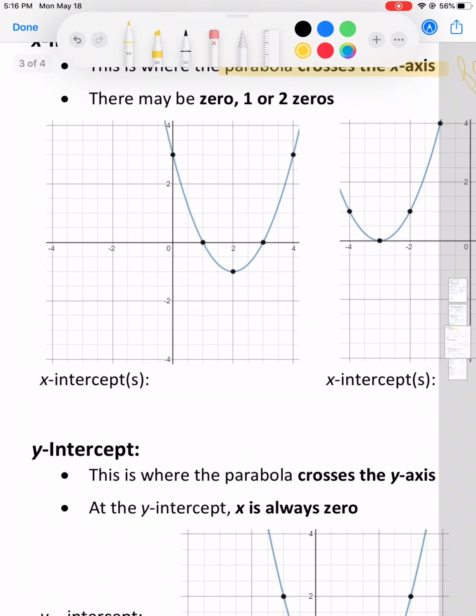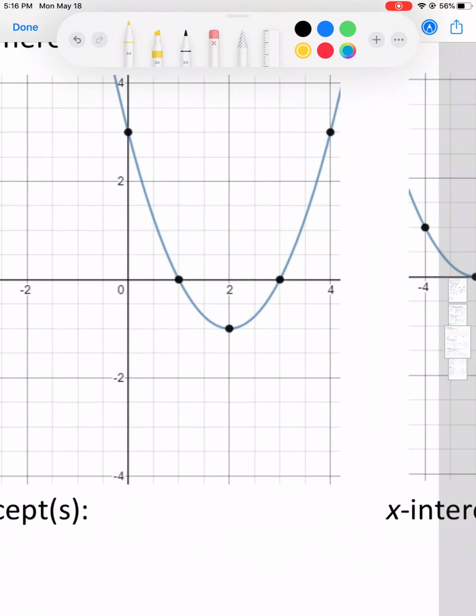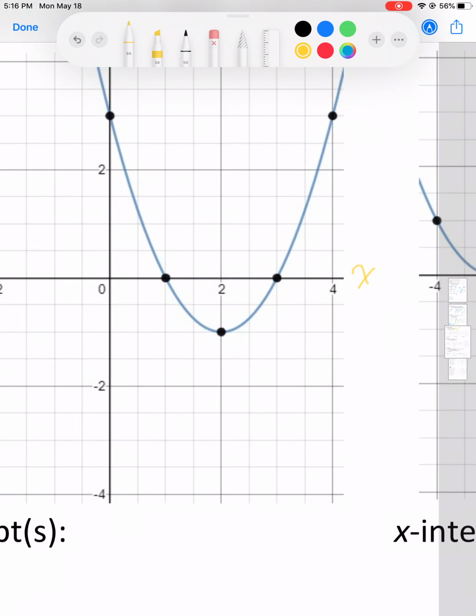So if I were to look at my first one here, what are my x-intercepts? Remember, this is my x. Where does it cross the x line? Well, it crosses at 1 and 3, because this is half, 1, 1.5, 2, 2.5, 3.